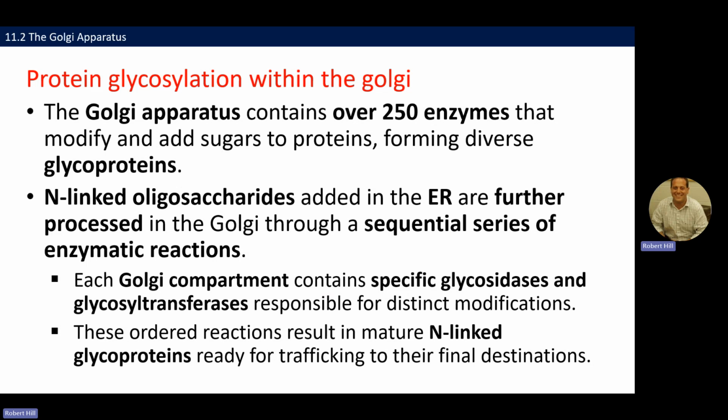But the final touches that occur, the fine tuning to those N-linked glycosylated proteins occurs in the Golgi. Right? There are enzymes called glycosidases and glycosyltransferases that perform further modifications for N-linked glycoproteins.